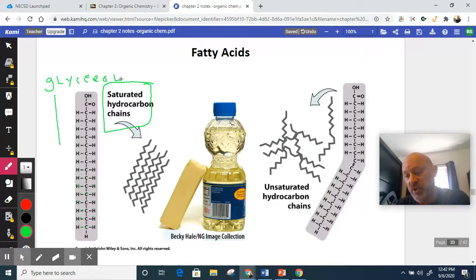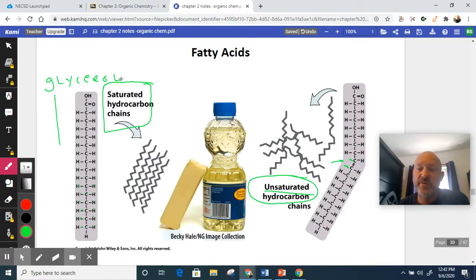Now, if we look over here, we see 2 carbons that instead of holding on to hydrogens are holding on to each other using 2 bonding sites. So this is an unsaturated hydrocarbon chain. Whenever we have an unsaturated chain, and we see it happening right here, it causes a kink in the fatty acid chain. All right, so when we see this, we have unsaturated fats.